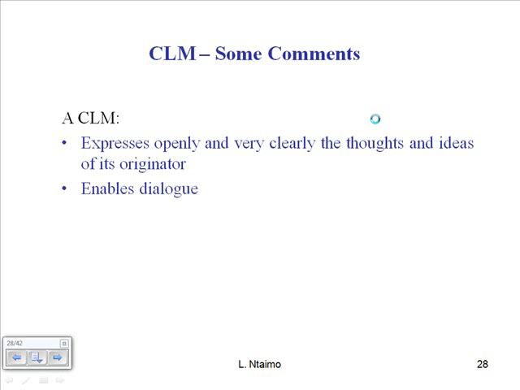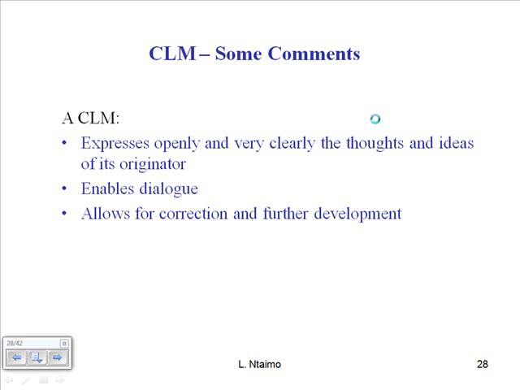After everybody started working on the problem, everybody started talking. If you are working for a large company and you have an issue going on, one way to get everybody providing ideas is causal loop modeling. It enables dialogue, and causal loop models allow for correction and further development. What you have done, I can give back to you, and then you can improve on it or get more information. So it's not just a one-time exercise.